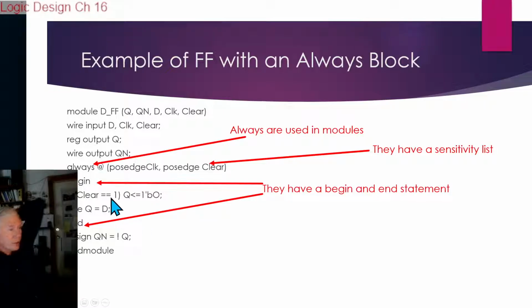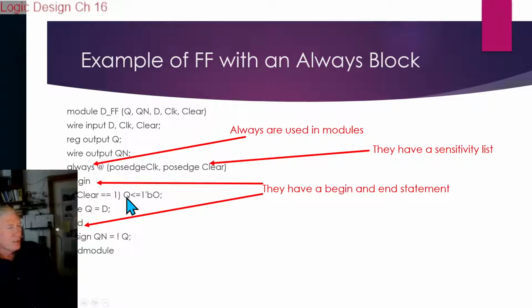And what it says inside here is, if clear equals 1, then set Q. And remember, we talked about how constants are used. I think, honest to goodness, I think that's an O and not a 0. I'll fix that in a minute.